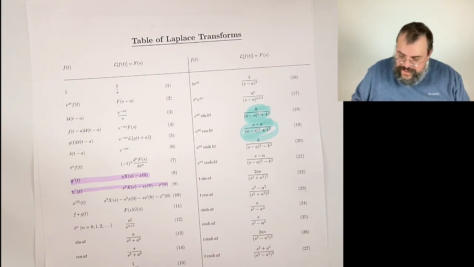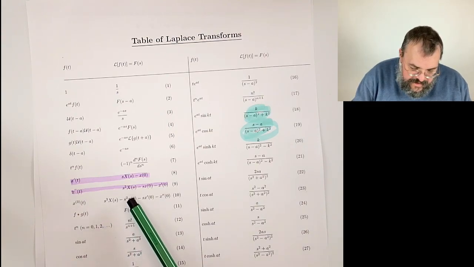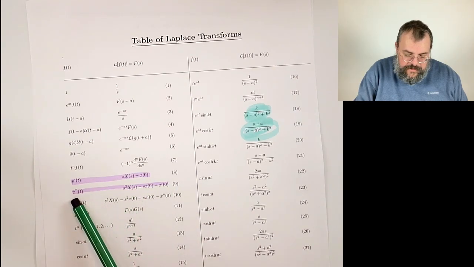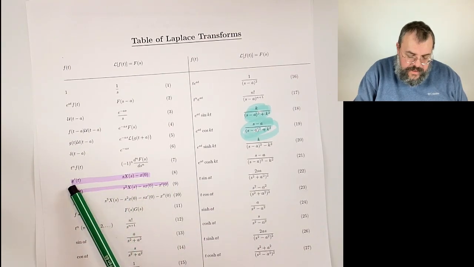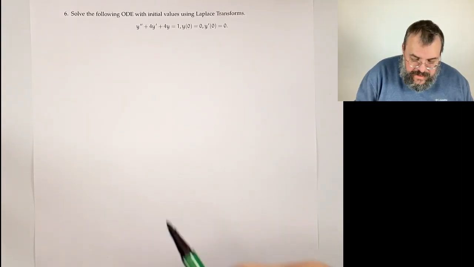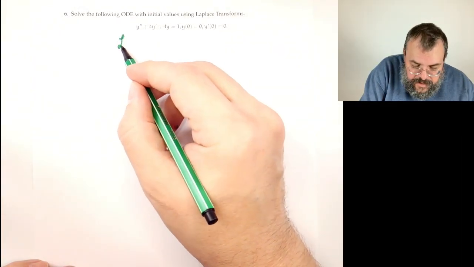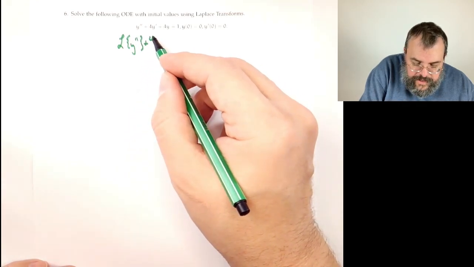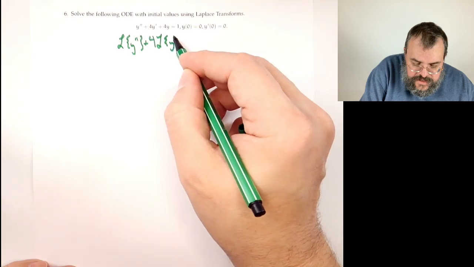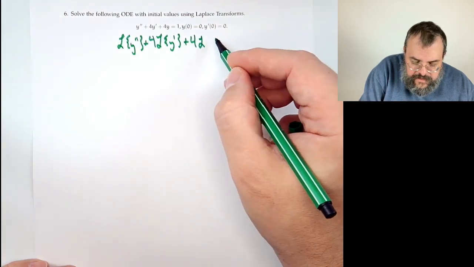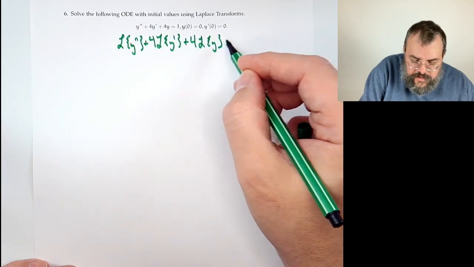So we're going to get a lot of zeros showing up. Gone, gone, gone. So y double prime becomes s squared y of s, and y prime becomes s y of s. Now you might say, wait a second, you were just using x's, and this problem uses y's.